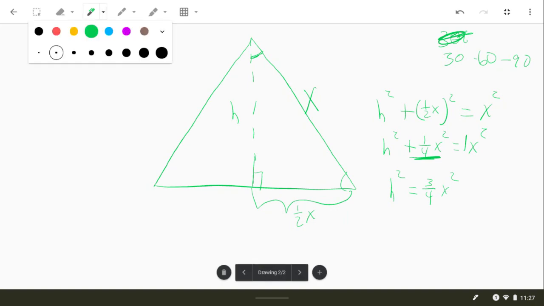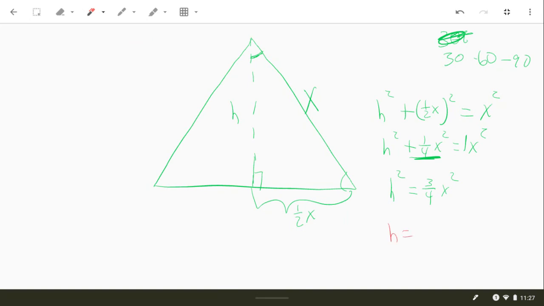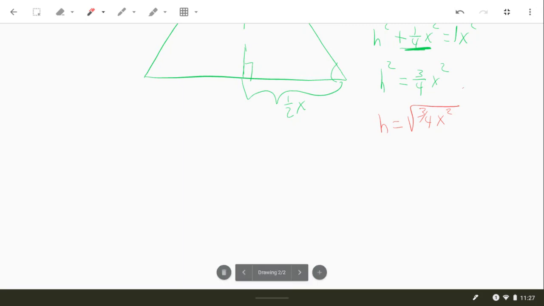All right, and then we're going to square root both sides. So that'll give us H is equal to the square root of 3/4 X squared. All right, we can go ahead and simplify this a little bit. The X squared is going to come out as an X. And I'm just ignoring the 3 for a second. So you've got a 4 in the denominator.